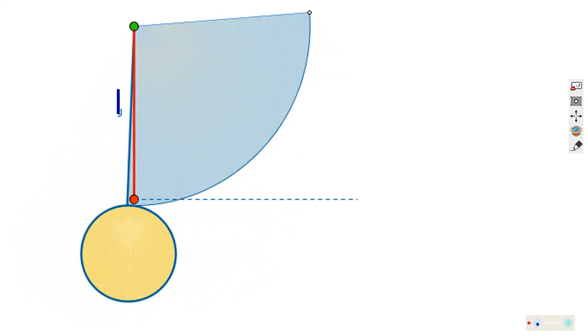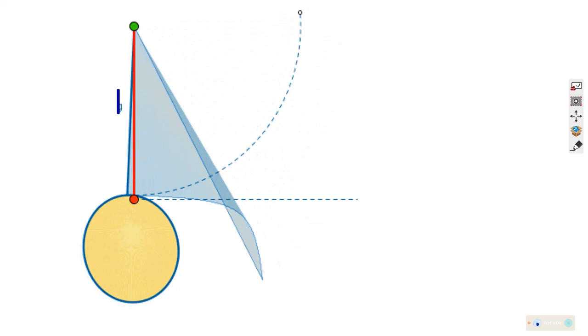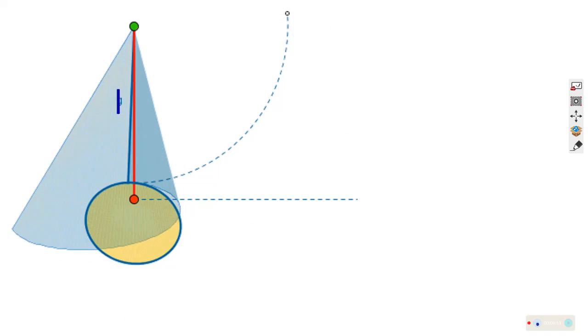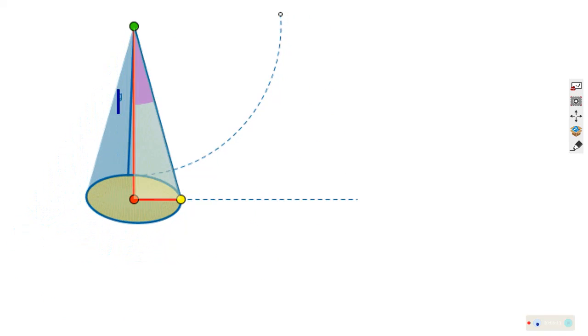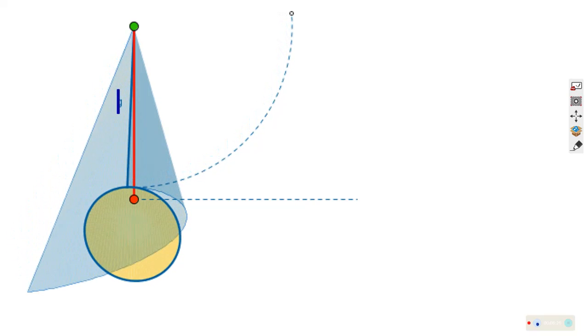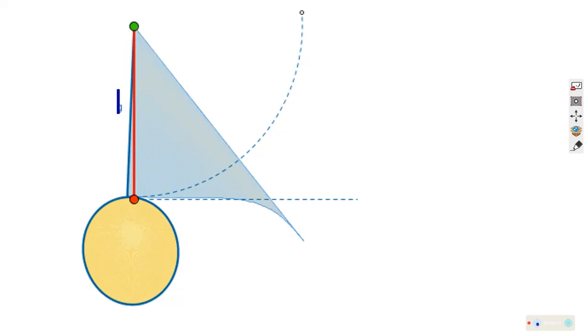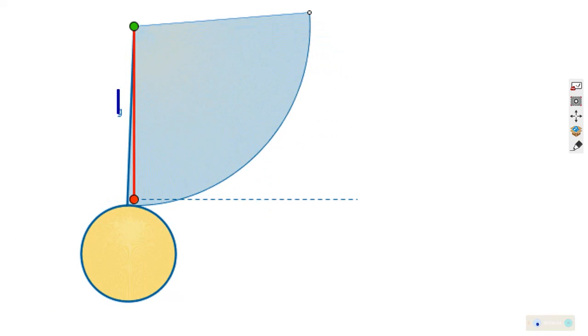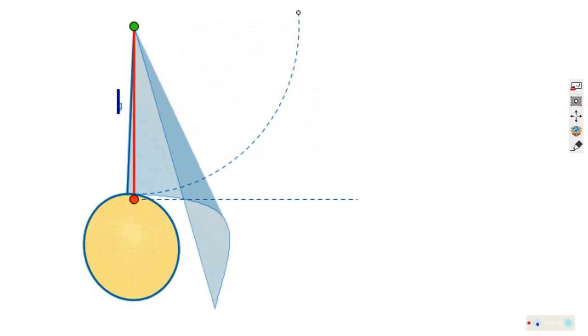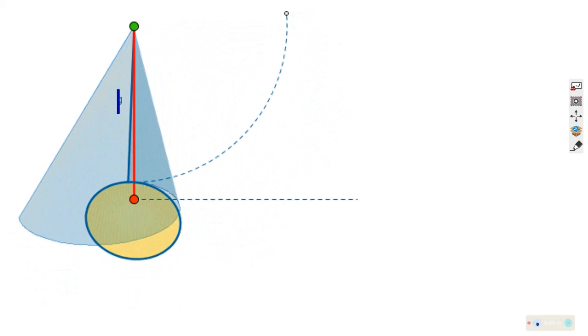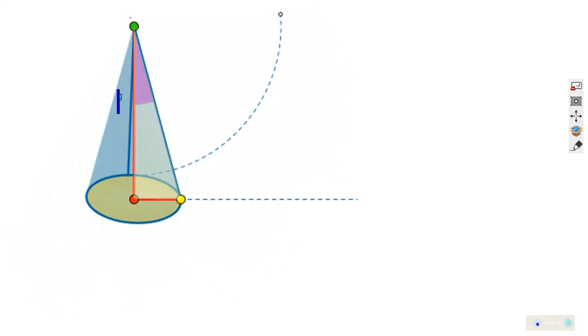The curved surface, which we are going to find out as curved surface area, is the one which is encircling the base of our cone. You have to look at the motion very clearly. The circular base is covered by a curved surface area and it is tapering here. Tapering means it becomes pointed here.